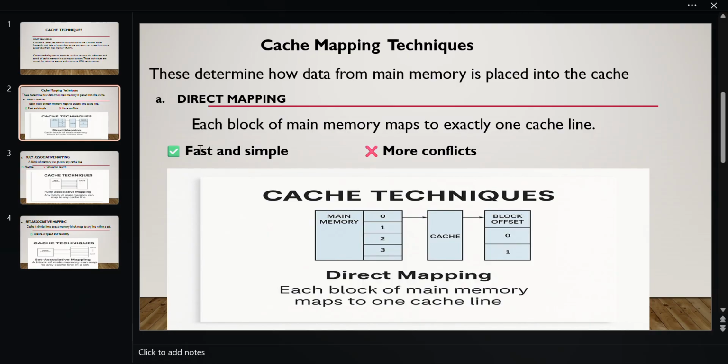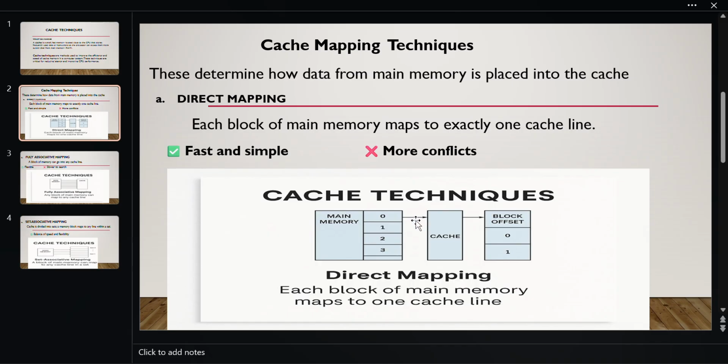Direct mapping is fast and simple, but has more conflicts. The diagram shows how direct mapping works: each block of main memory maps to one cache line.